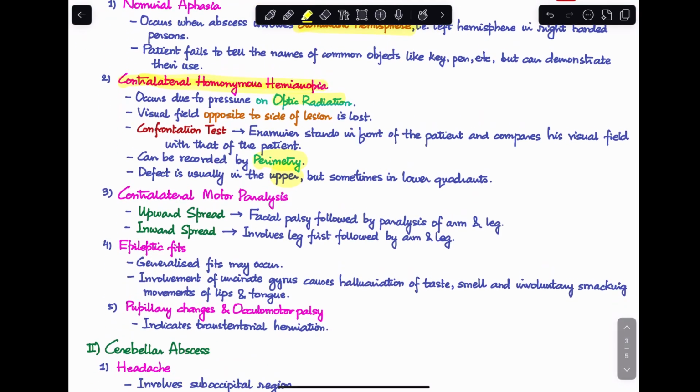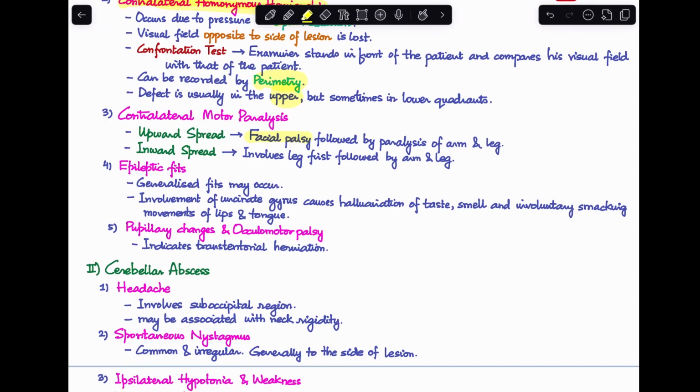Next, we see a contralateral motor paralysis. There can be 2 types of spread. One is upward spread, where a facial palsy followed by paralysis of arm and leg is seen. Second is the inward spread, where there's involvement of the leg first, followed by the arm. Next, coming to epileptic fits. We can see generalized epileptic fits over here.